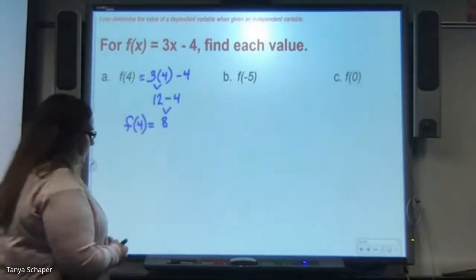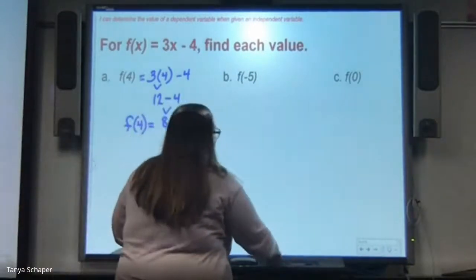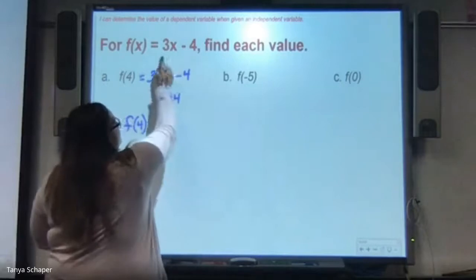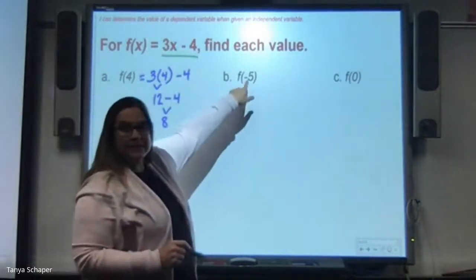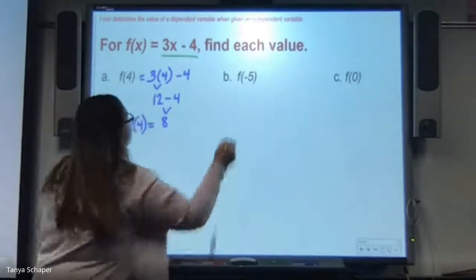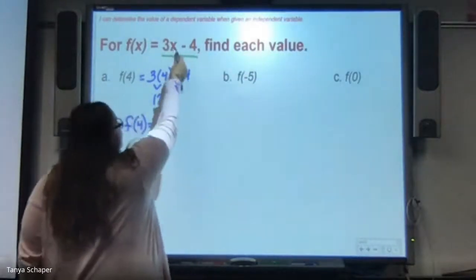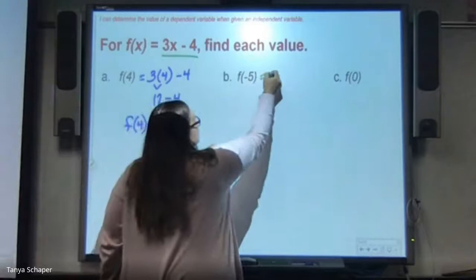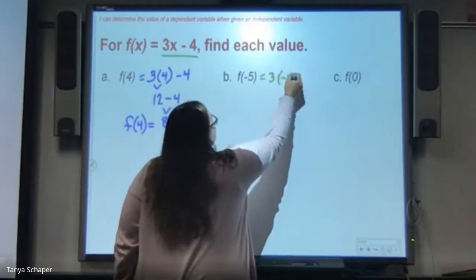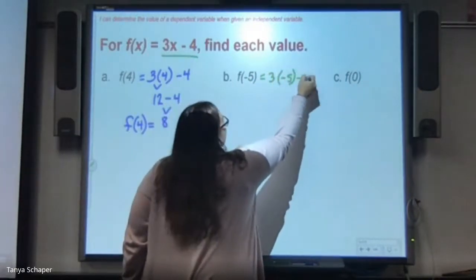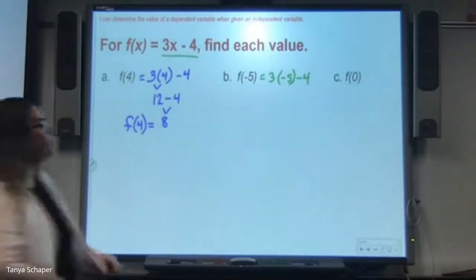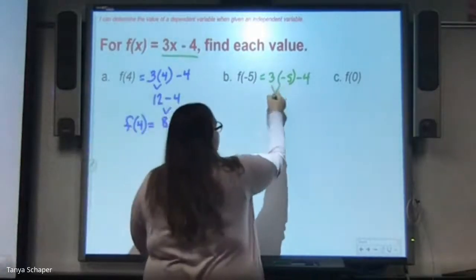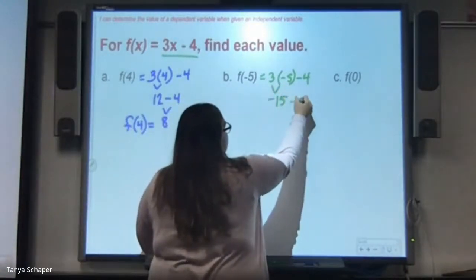When I look at letter B, I want to know the value of this function when x is -5. So that means I'm putting -5 in for x. So it's equal to 3 times -5 minus 4. 3 times -5 is -15.